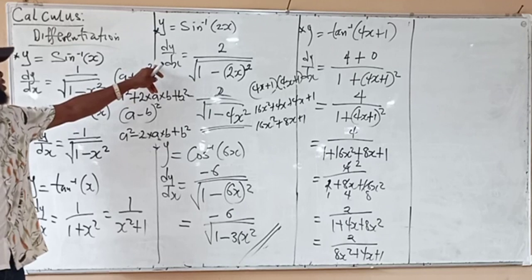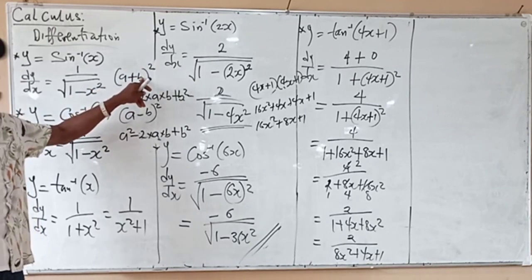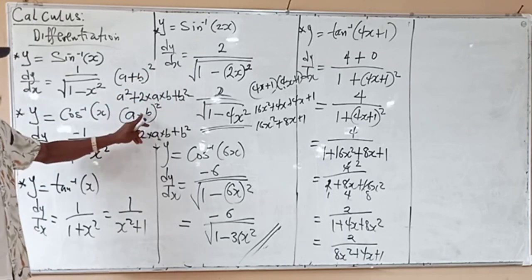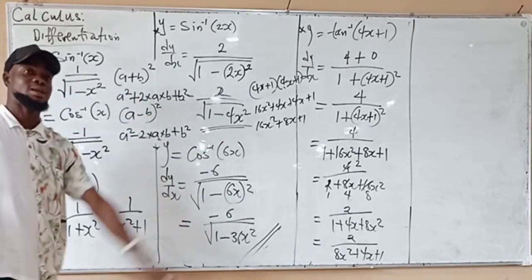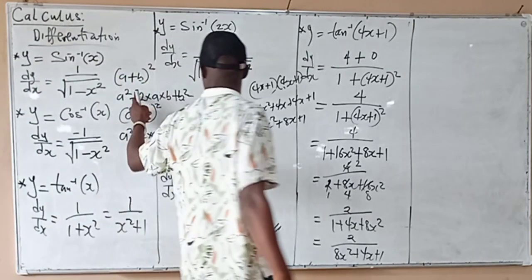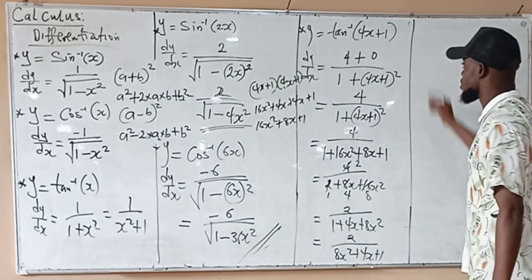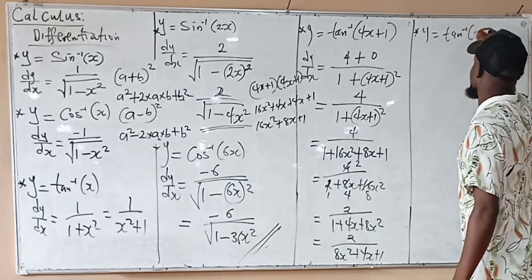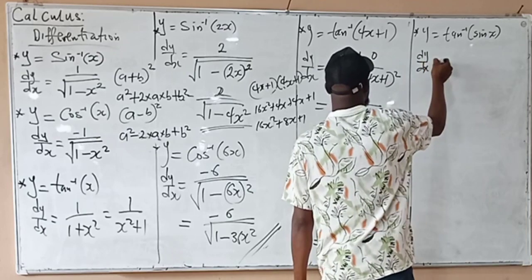Just see, this one is like this: plus 2 times this times this, plus this squared. If it's minus, we say A squared minus 2AB plus B squared. The last sign will always be plus, but the first sign determines the sign of the middle term inside the bracket. So that's one question. If y is equal to the tan inverse of sine x, what is dy over dx?